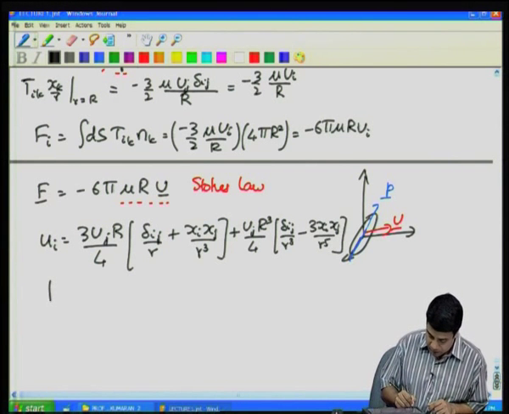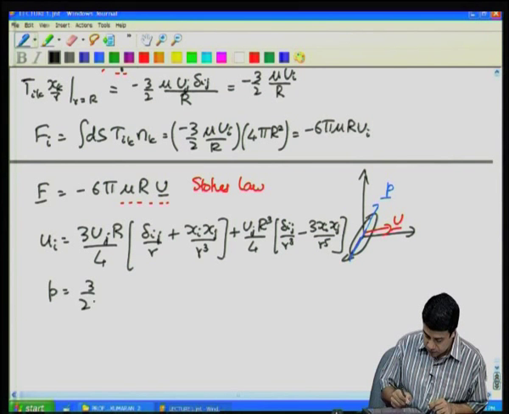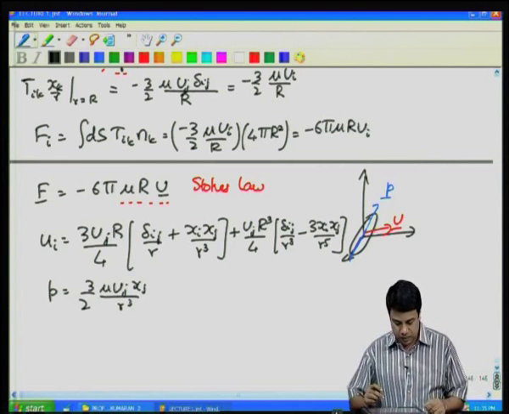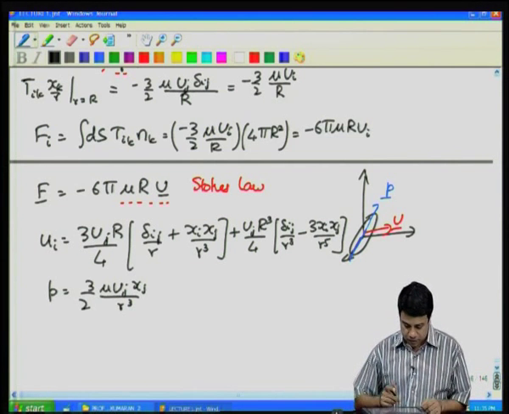And p was equal to 3 by 2 mu u_j x_j by r cubed.